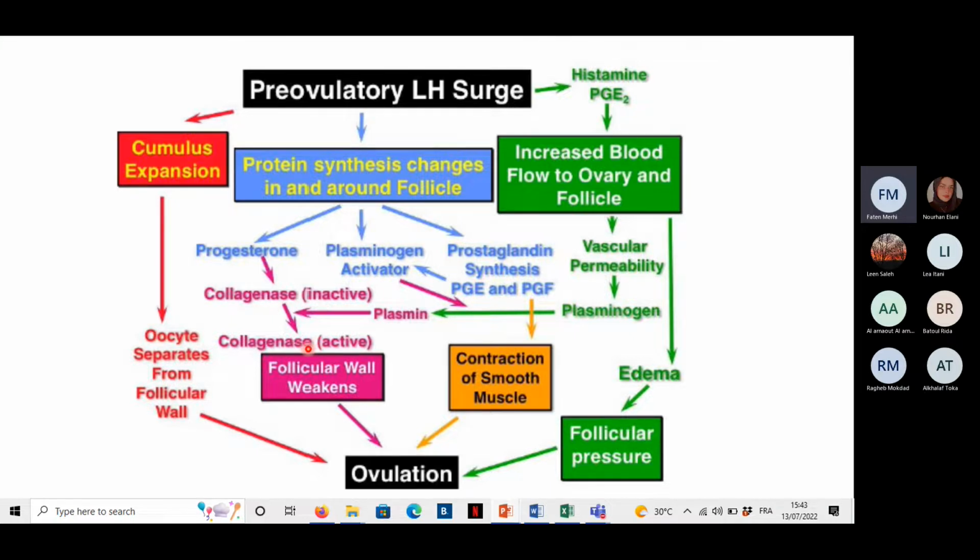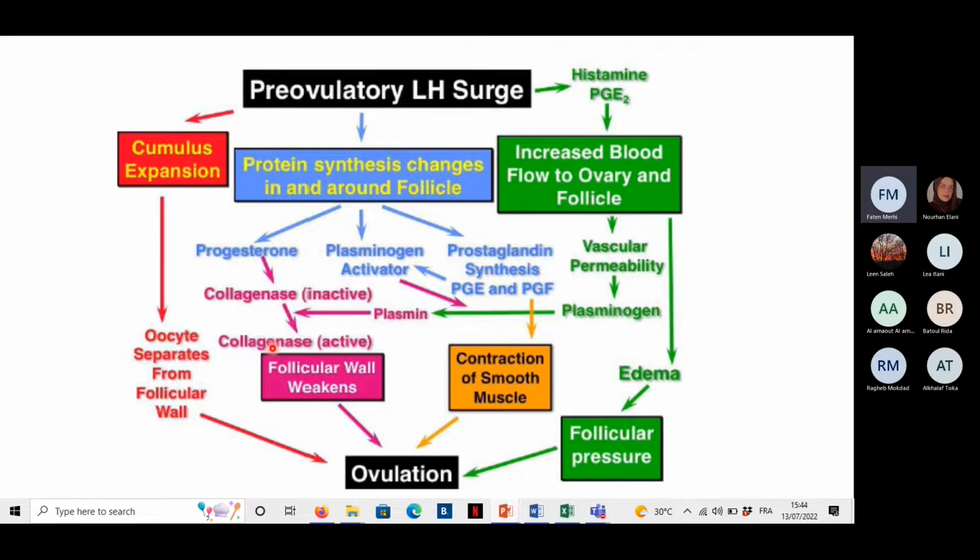Okay, the collagenase is a protease. It's a protease that will digest the collagen. That's why it's called collagenase. And as you know, the extracellular matrix is rich in collagen, specifically at the level of the tunica albuginea of the ovary.